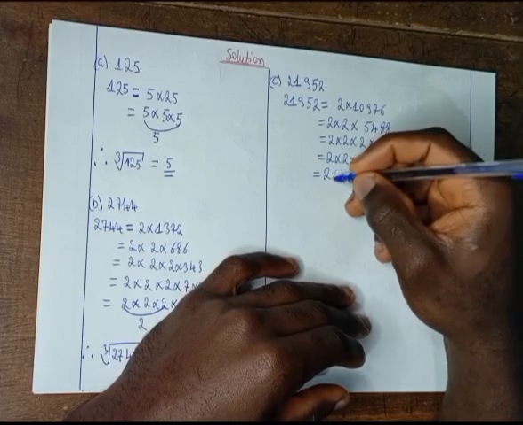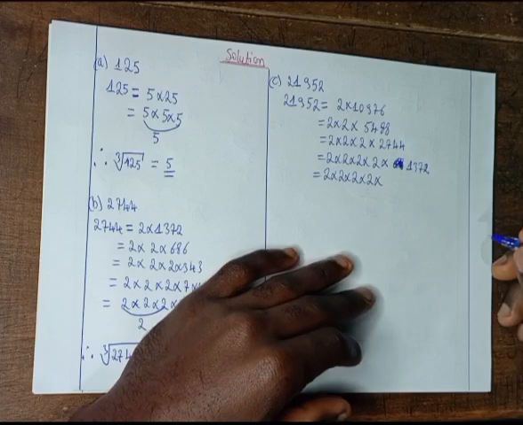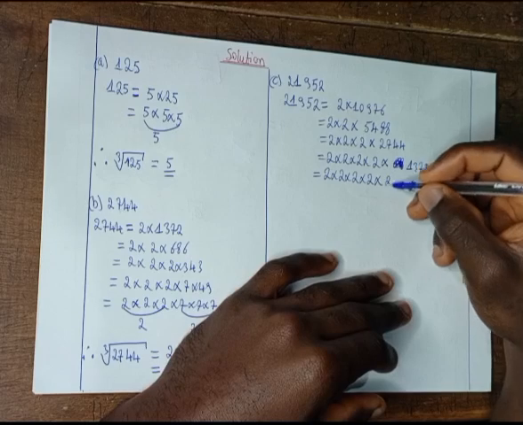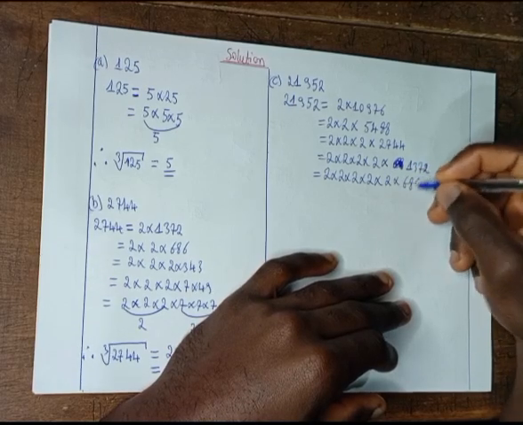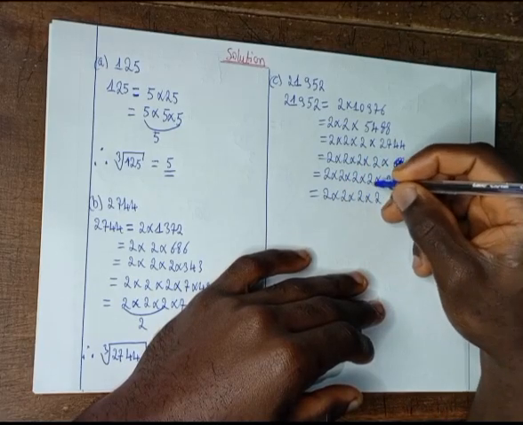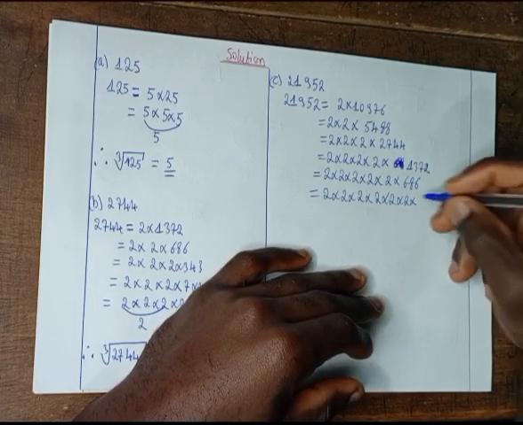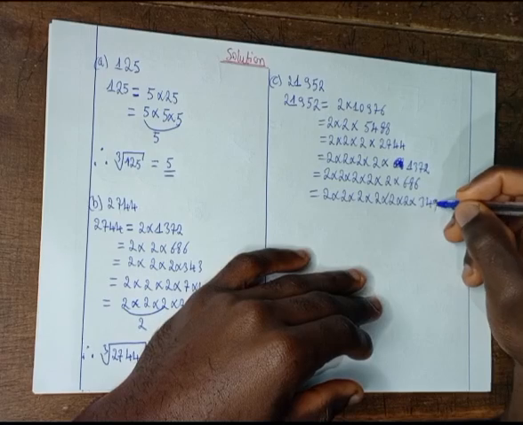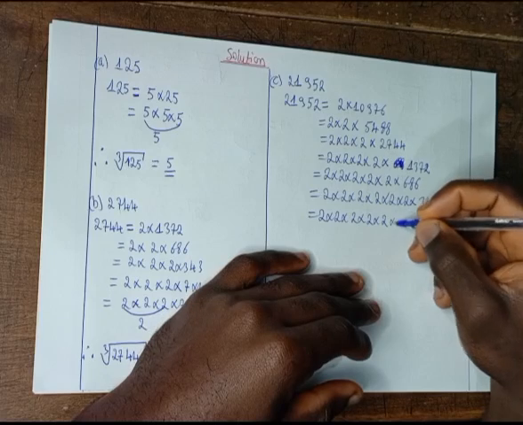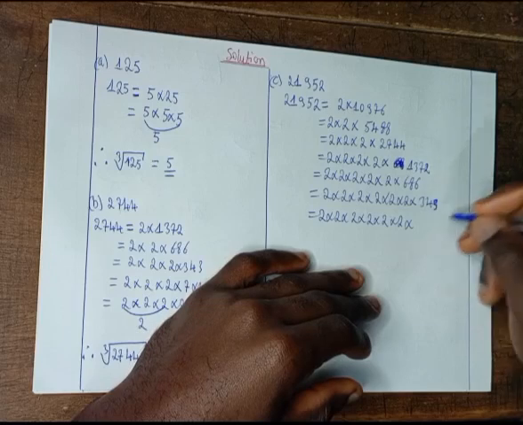You can divide 1,372 by 2, which will give us 2 times 2 times 2 times 2 times 2 times 686. 686 divided by 2 gives us 343. 343 here is divisible by 7.